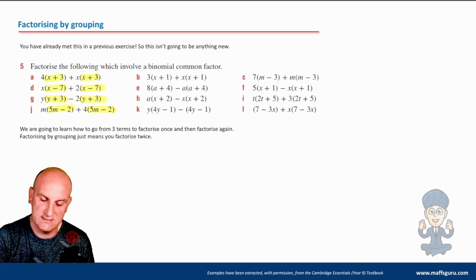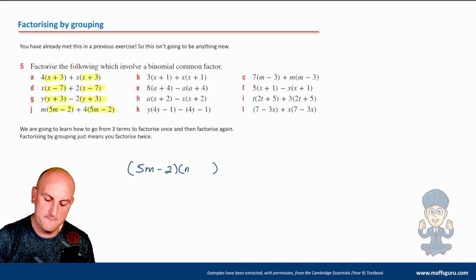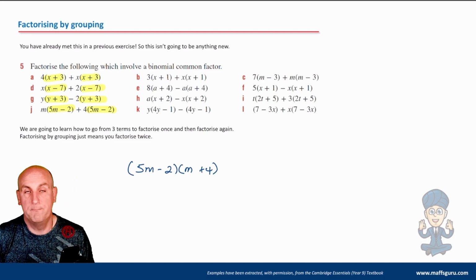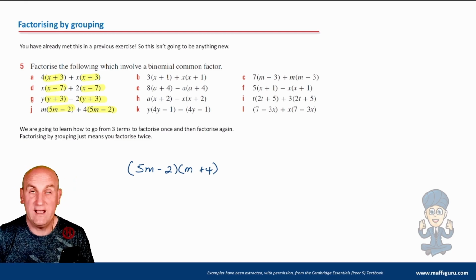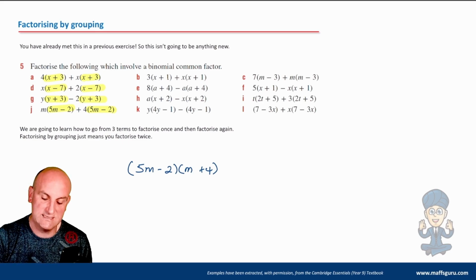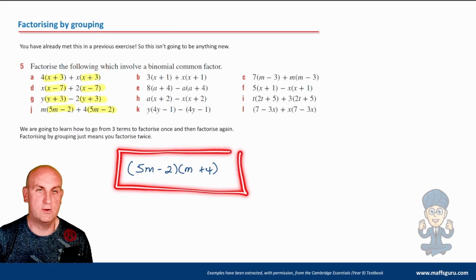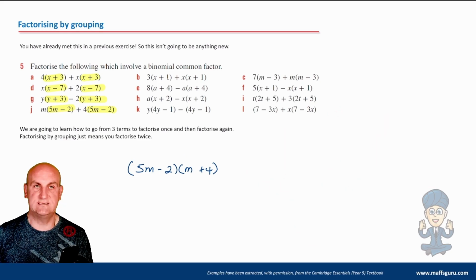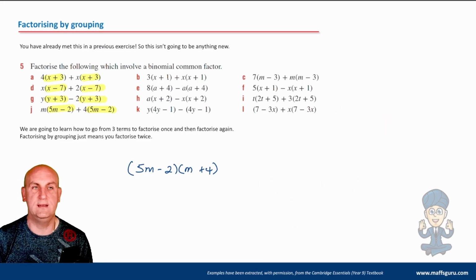In this last example, if I factorize that out, I get 5m minus 2, leaving me with m plus 4 inside a set of brackets. That is binomial product form, that is factorized form, and I could use it to look at how my graph might cross the x-axis. That's the whole point of doing this.